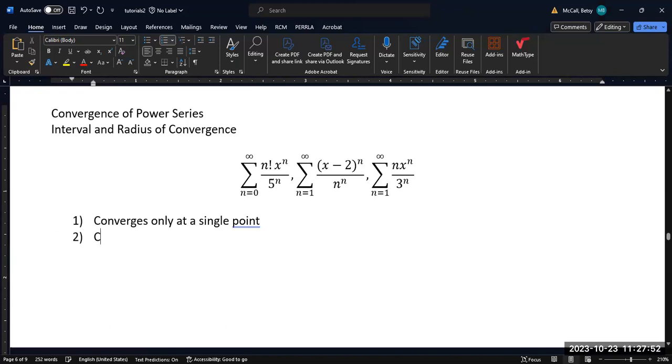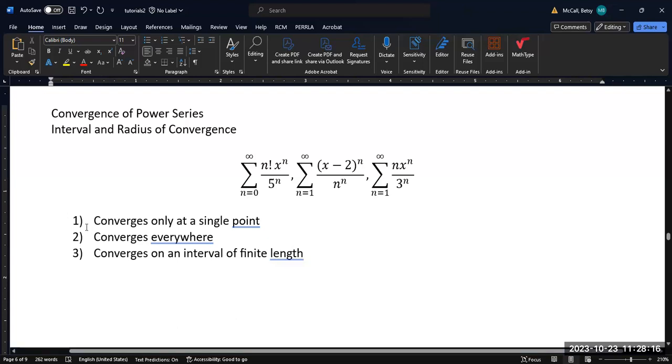Option two is that it converges everywhere. And then option three is that it converges at an interval of finite length. And so we're going to look at each one of these cases in turn.